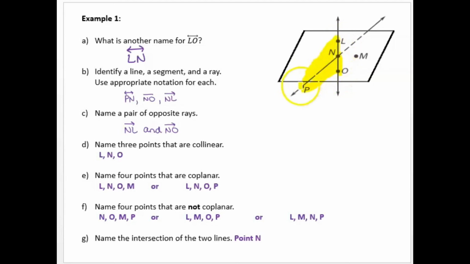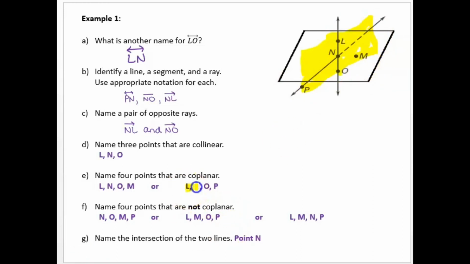So L, N, O, P are technically coplanar because there is a plane. If you were to draw this whole plane, right, it would be kind of like intersecting that other plane. And those would be coplanar. So think of that plane as like cutting through the other plane. But M would not be on that plane.